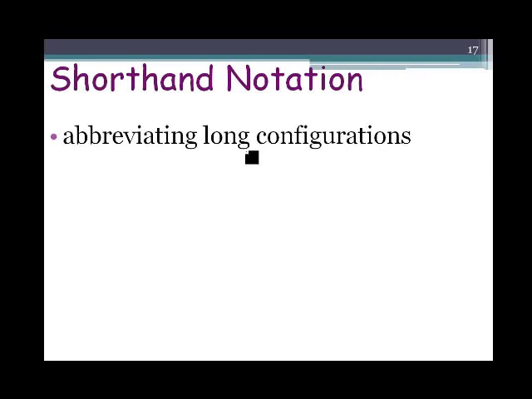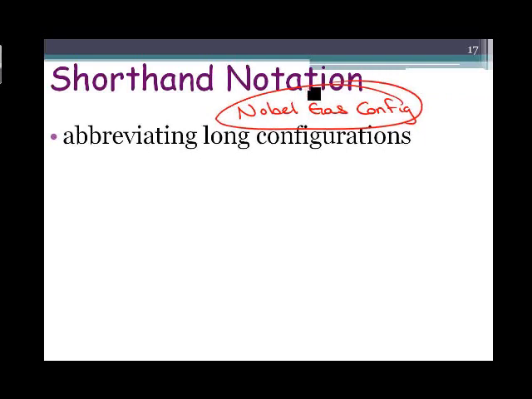Sometimes, as you saw with lead, the electron configurations can get pretty long. So we need a shorthand way to abbreviate long configurations. This shorthand notation is called noble gas configurations. We're going to make use of noble gases to help us come up with these.